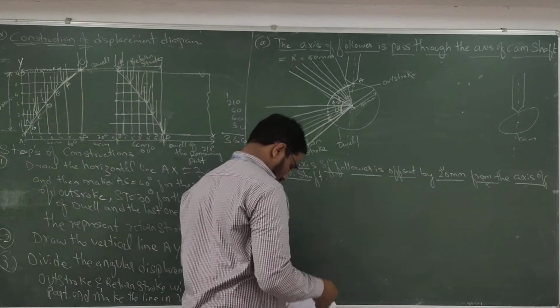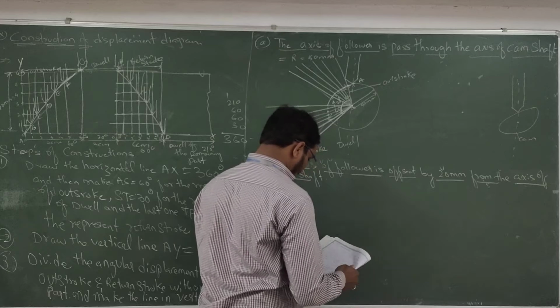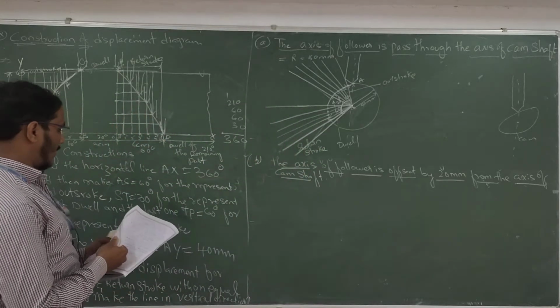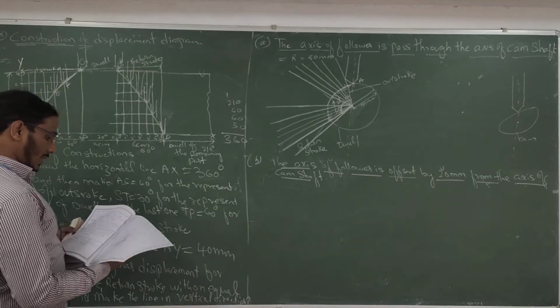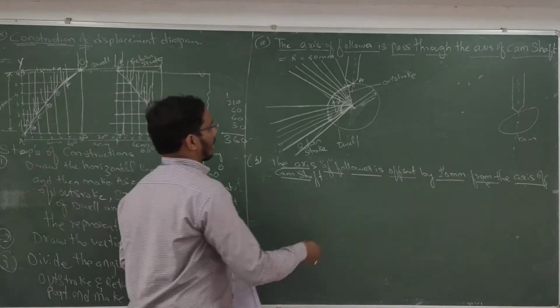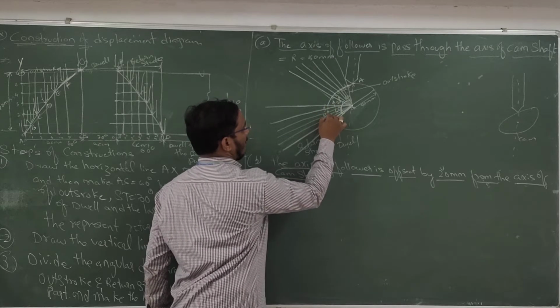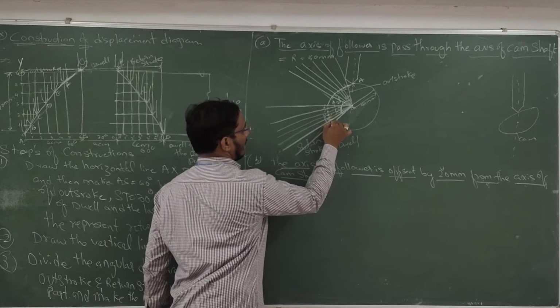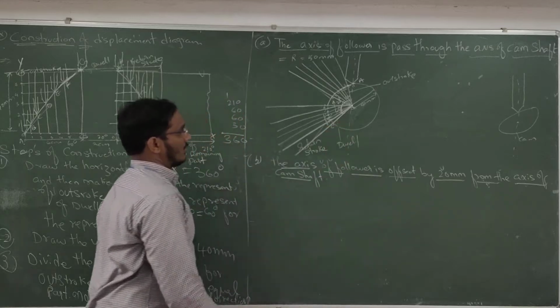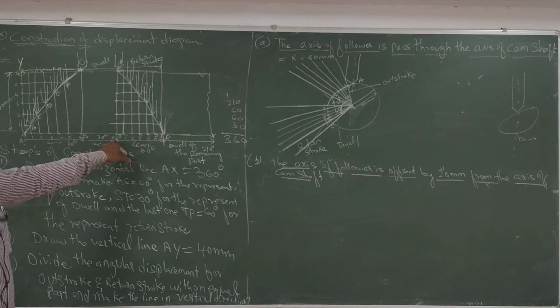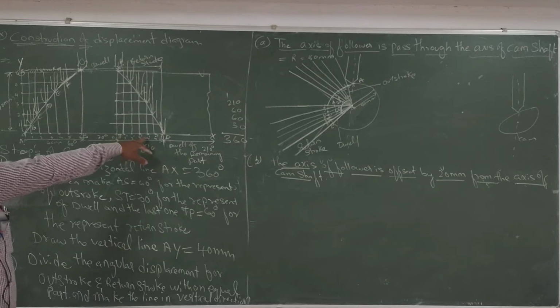We already said this in the displacement diagram. 0 dash, 1 dash, 2 dash, 3 dash, 4 dash, 5 dash, and this is your 6 dash. See here, in the return stroke we already made 0 dash, 1 dash, 2 dash, 3 dash, 4 dash.